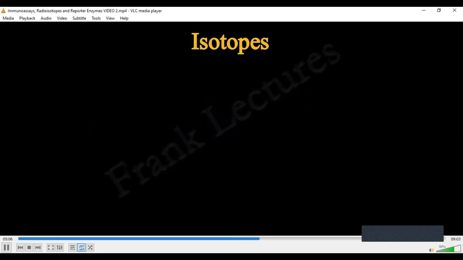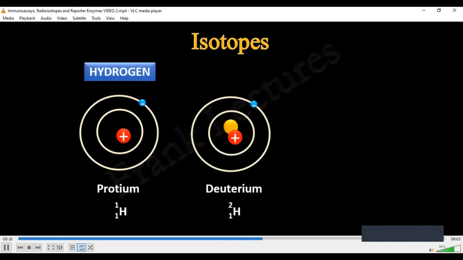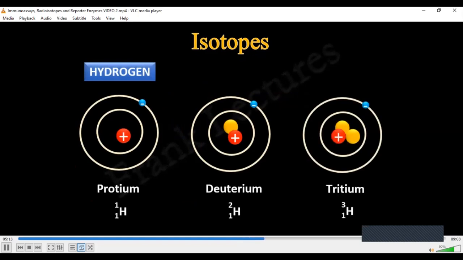For example, hydrogen has three isotopes: protium, deuterium, and tritium. Here you can see that no neutron is present in protium. One neutron is present in deuterium, and two neutrons are present in tritium.